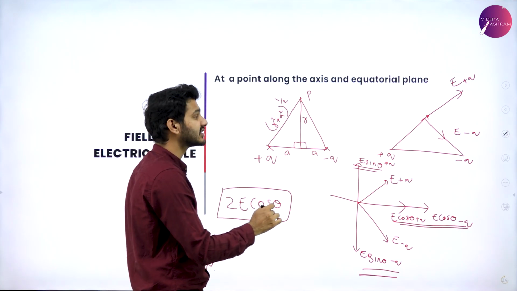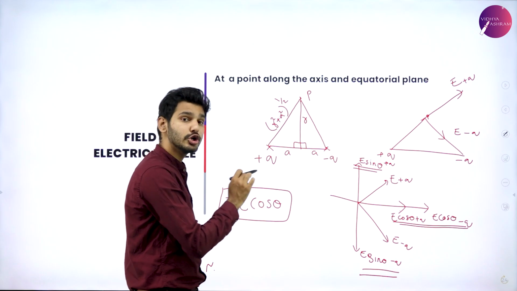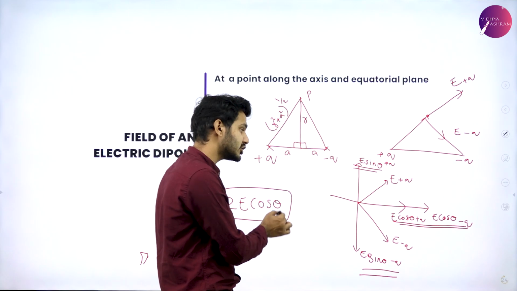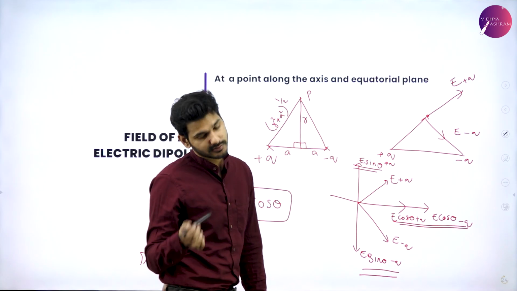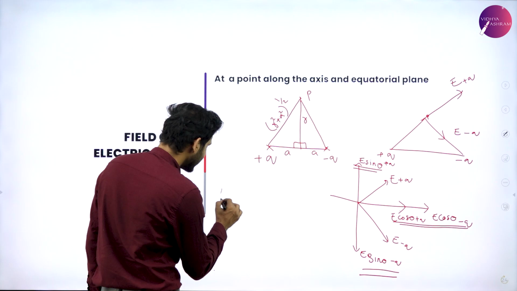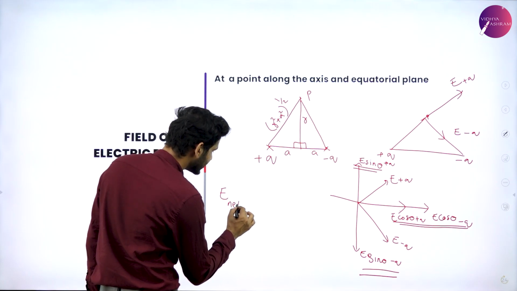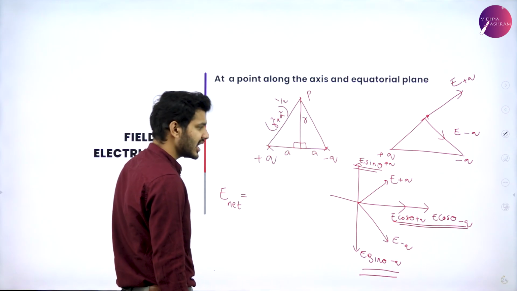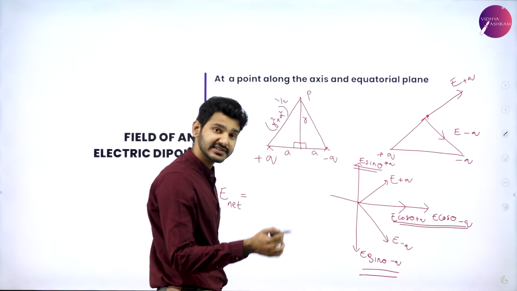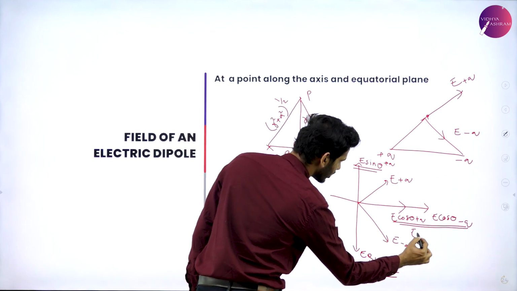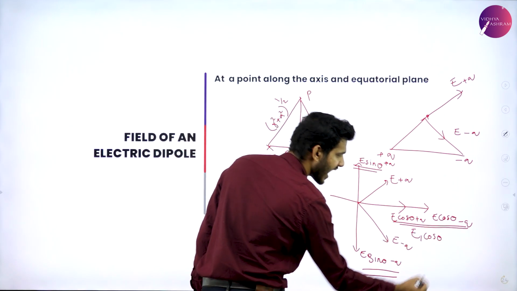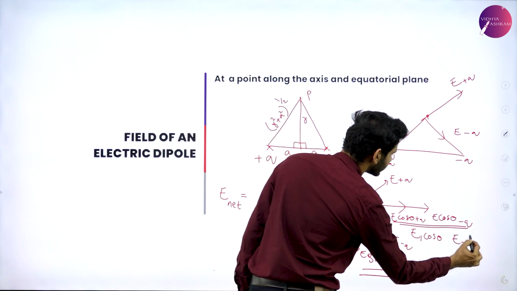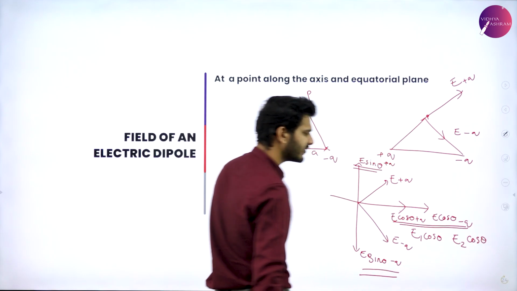So we know that the electric field at point P will be equal to 2E cos theta. Now the equation is not over. We have to substitute this in the given formula. The net electric field at point P will be given by adding these two components together. Let's call E cos theta due to plus Q as E1 cos theta and E cos theta due to negative Q as E2 cos theta for simplicity.